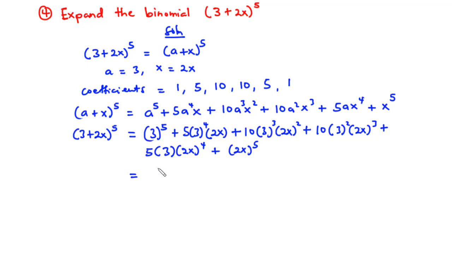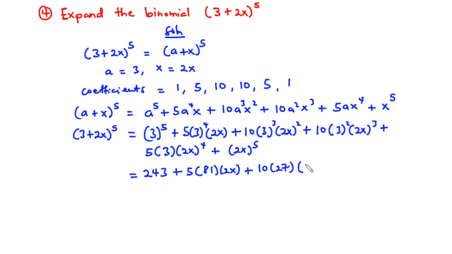So let's simplify this. So 3 to the power 5 becomes 243. So 243 plus 3 to the power 4 is 81. So we have 5 times 81 times 2x plus 3 to the power 3 is 27. So we have 10 times 27.